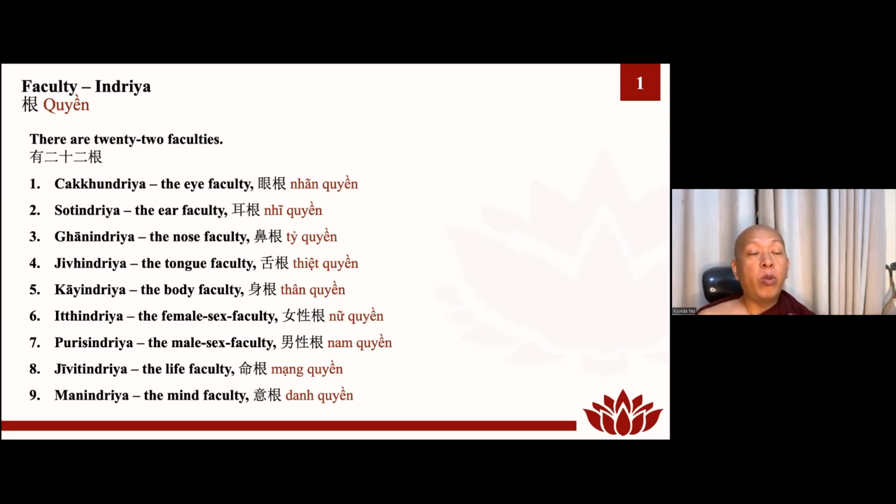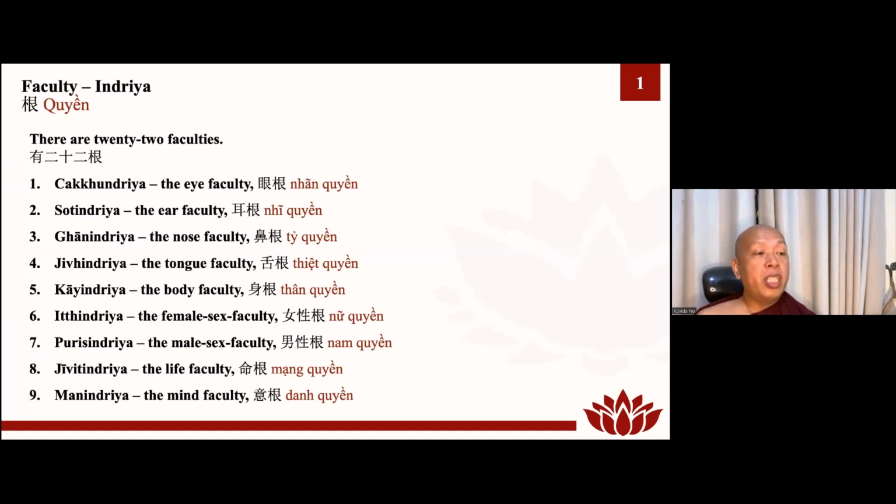It also has rulership over all the functioning mentalities and materialities. So these 5 are actually translucent materiality: eye translucency, ear translucency, nose translucency, tongue translucency, and body translucency. These are Pasada Rupa. They are called Indriya.